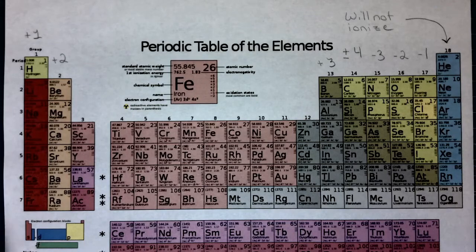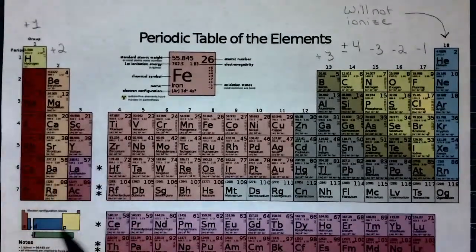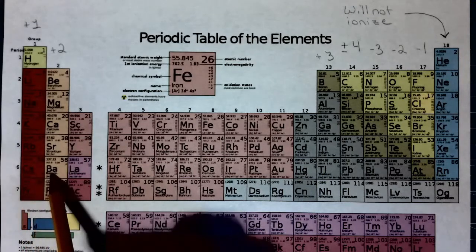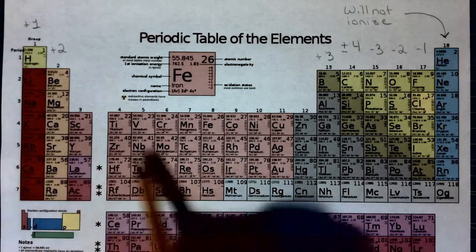So if we take a look at our periodic table here, we start to notice this little guy down here, and this is showing us where the S, P, D, and F blocks are. The S block are these two groups where we're filling in electrons in the S orbitals.